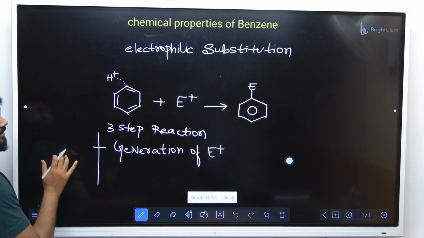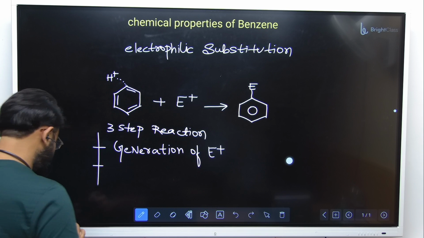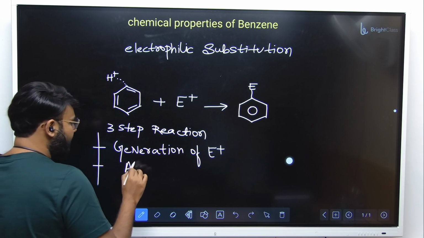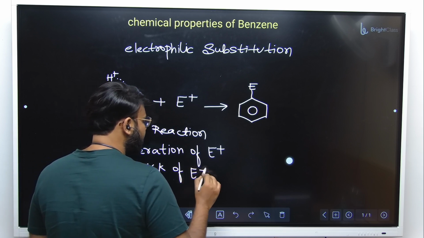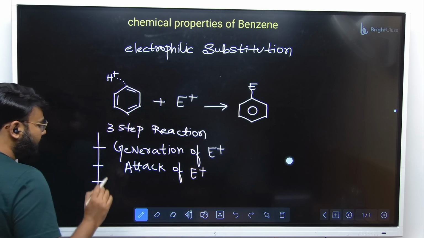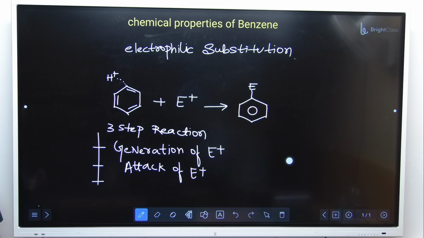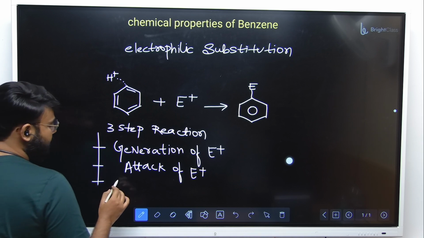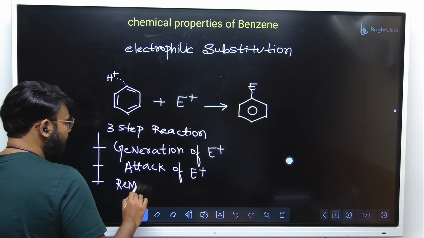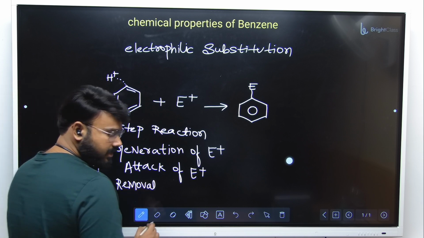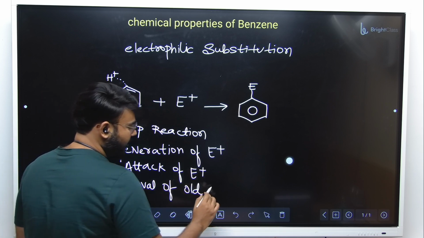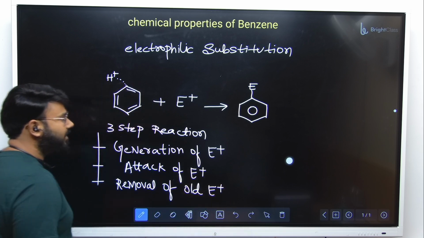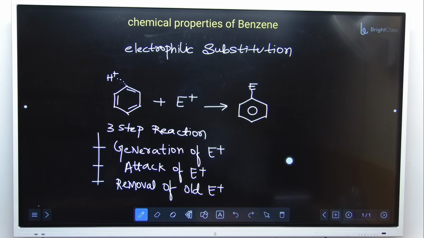Second step you will write, that is attack of electrophile. And the third one, final, you will get the product: removal of old electrophile. Guys, write down this three-step reaction.